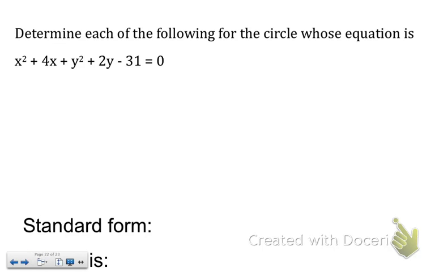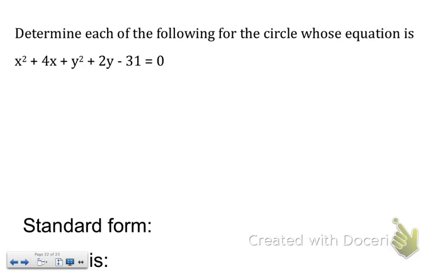So here's our example. We have x squared plus 4x plus y squared plus 2y minus 31 equals 0. And it wants us to determine what standard form is, what the radius is, and what the center is for the circle whose equation is x squared plus 4x plus y squared plus 2y minus 31 equals 0.